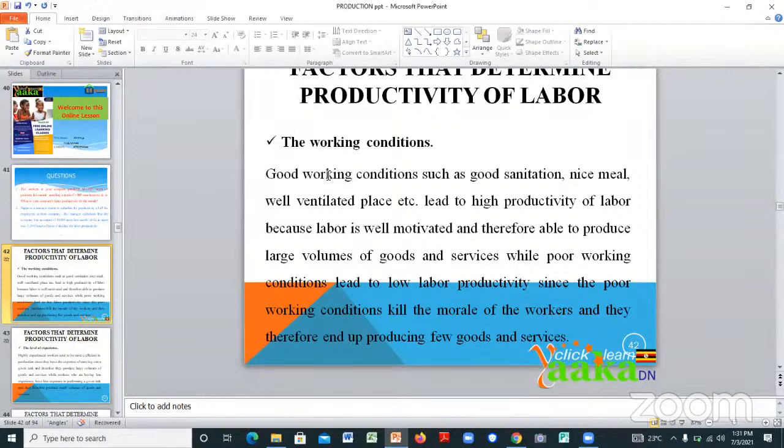Therefore, the productivity will be high. But if the working conditions are very poor, then the workers will not be motivated to produce more goods, leading to low productivity.